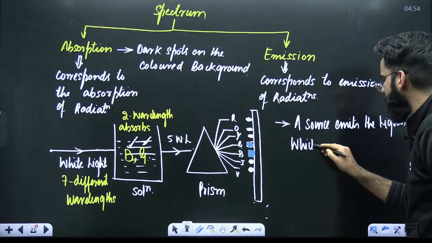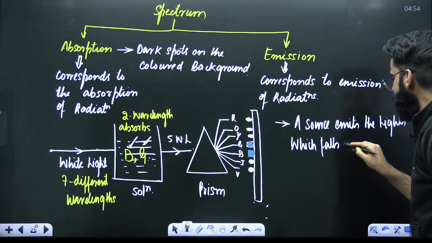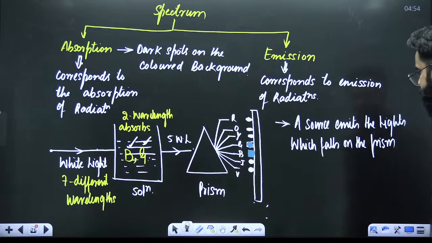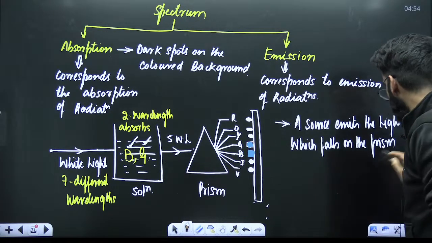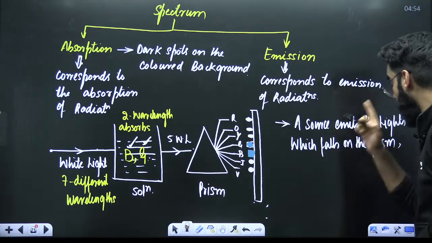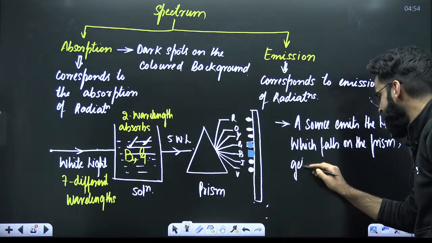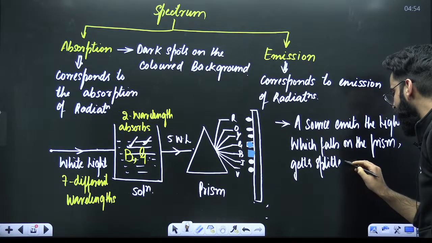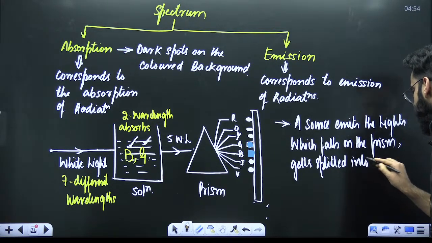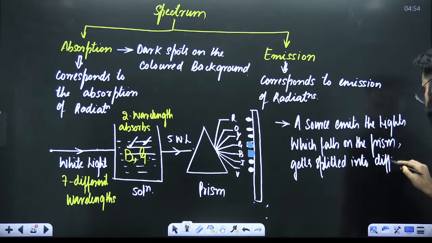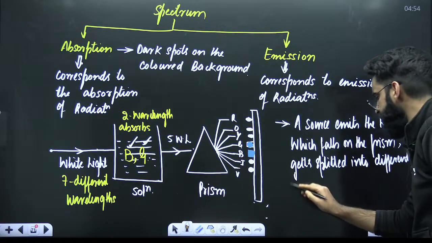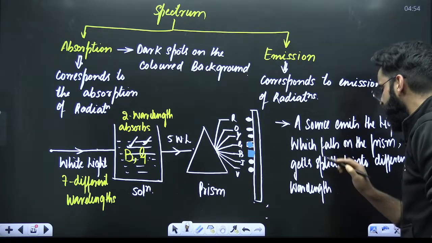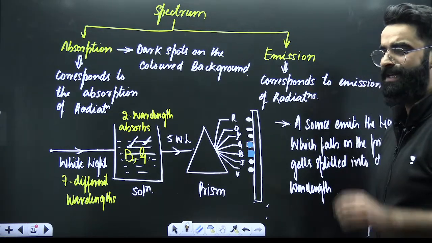Which falls on the prism, gets split into different wavelengths. What does this particular statement mean?